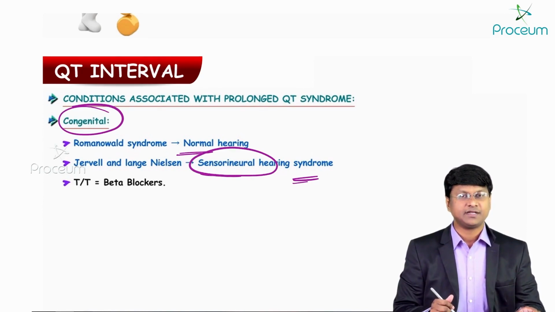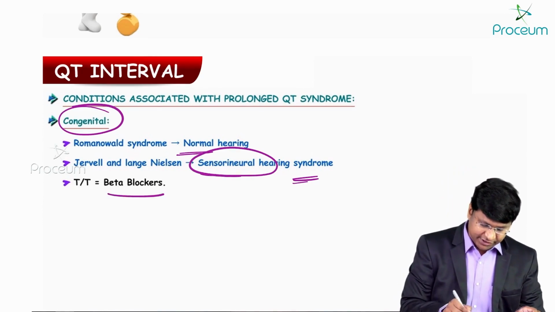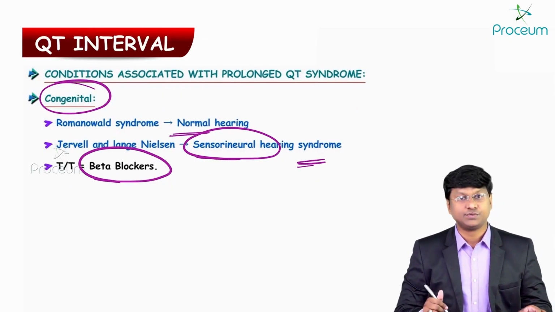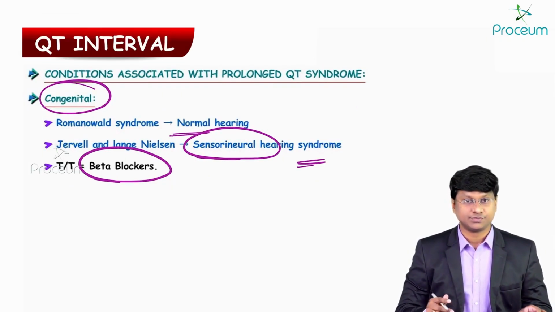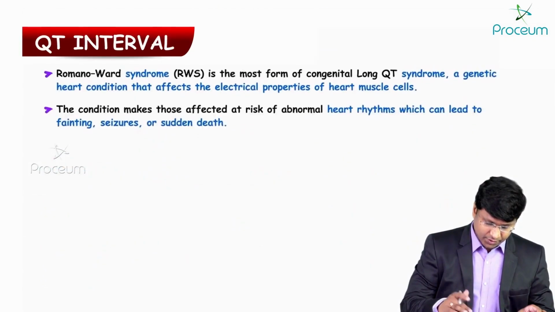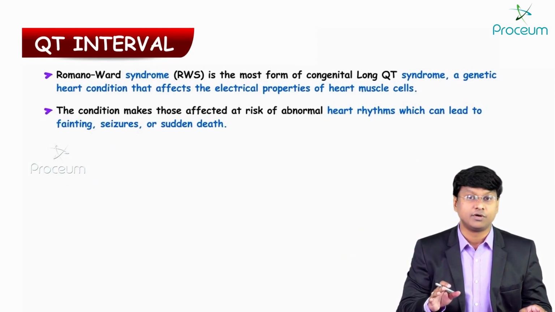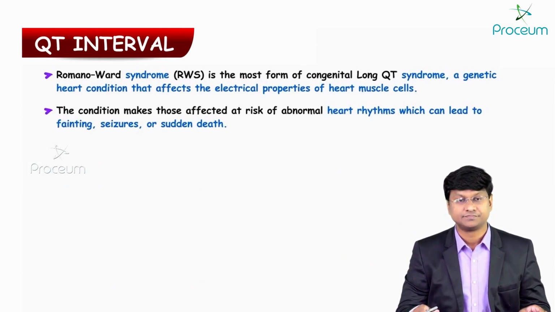In both of these clinical scenarios, the treatment of choice will be beta blockers. Between these two, Romano-Ward syndrome is the most common form of congenital long QT syndrome.